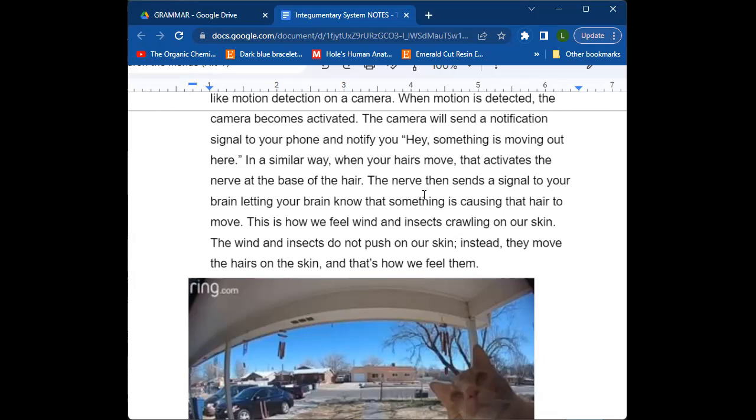Right? Because the wind and the insects aren't really pushing hard enough to be detected by sense receptors in the skin. Instead, the wind and the insects are actually moving the hairs on the skin. And then that's how we're going to feel them.